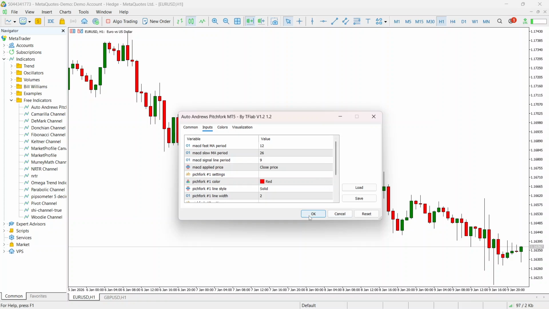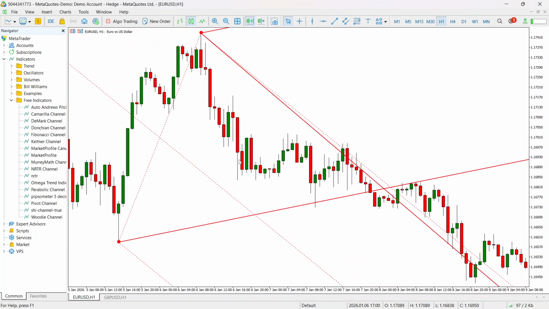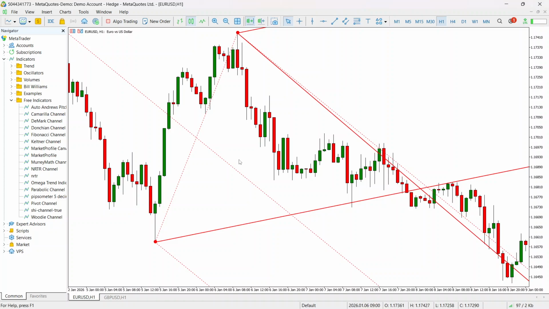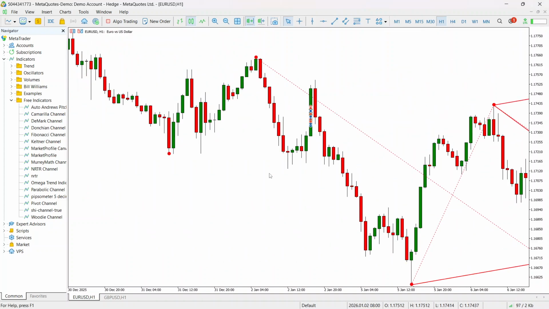On the chart, the chief pitchfork displays a median line drawn from the first pivot point through the second pivot point and extended to the right, serving as the anchor and midpoint of the price channel.